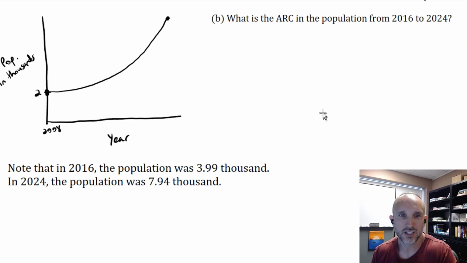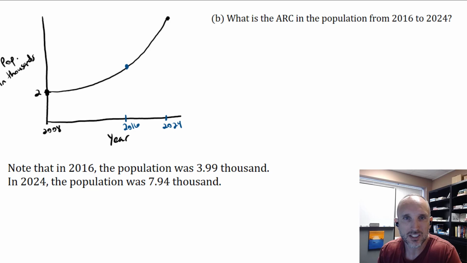So same scenario here, but now I want to know the average rate of change in the population from 2016 to 2024. So now 2016 to 2024, let's say, is here. And this should be a faster rate of change.